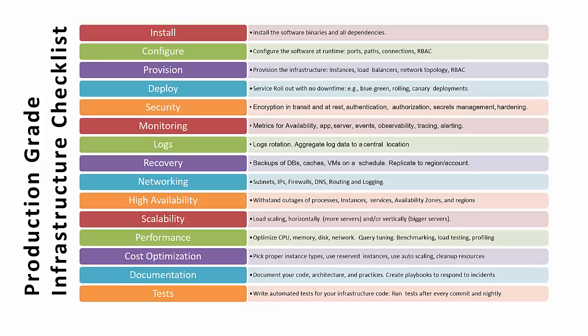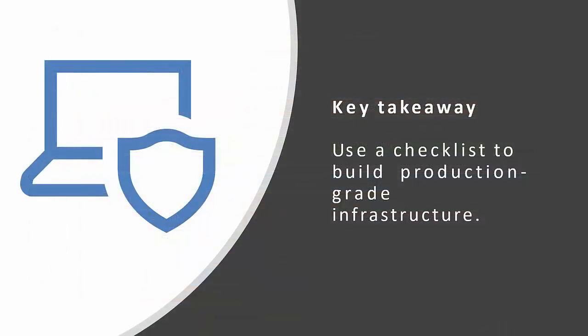We pick, we choose, and we make decisions saying this is or is not applicable for the particular modules we're writing. But we do make notes and we document that decision. So the key takeaway is that we should have a checklist to build production-grade infrastructure.